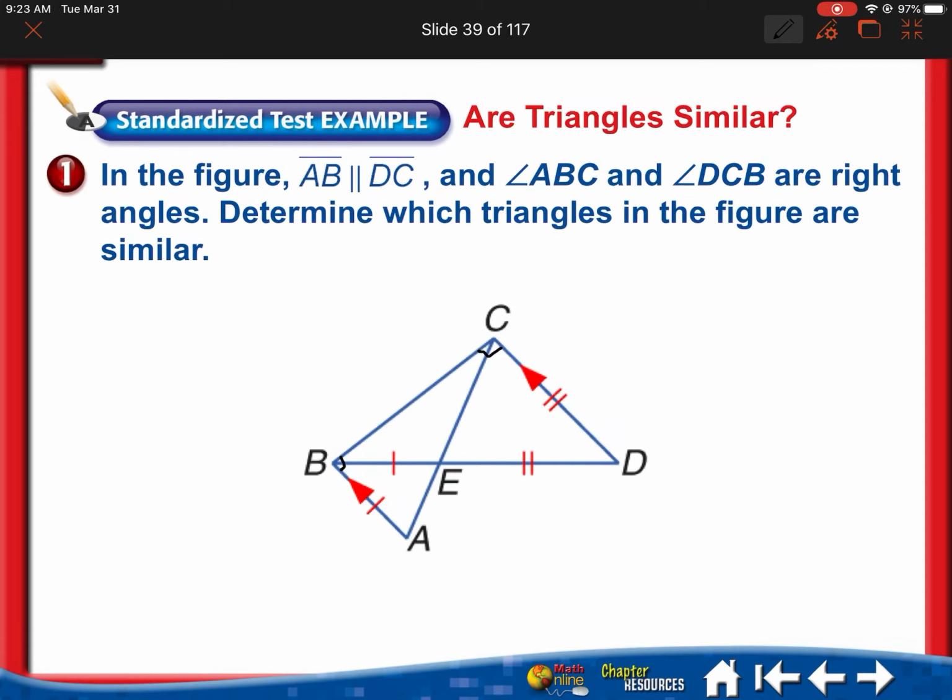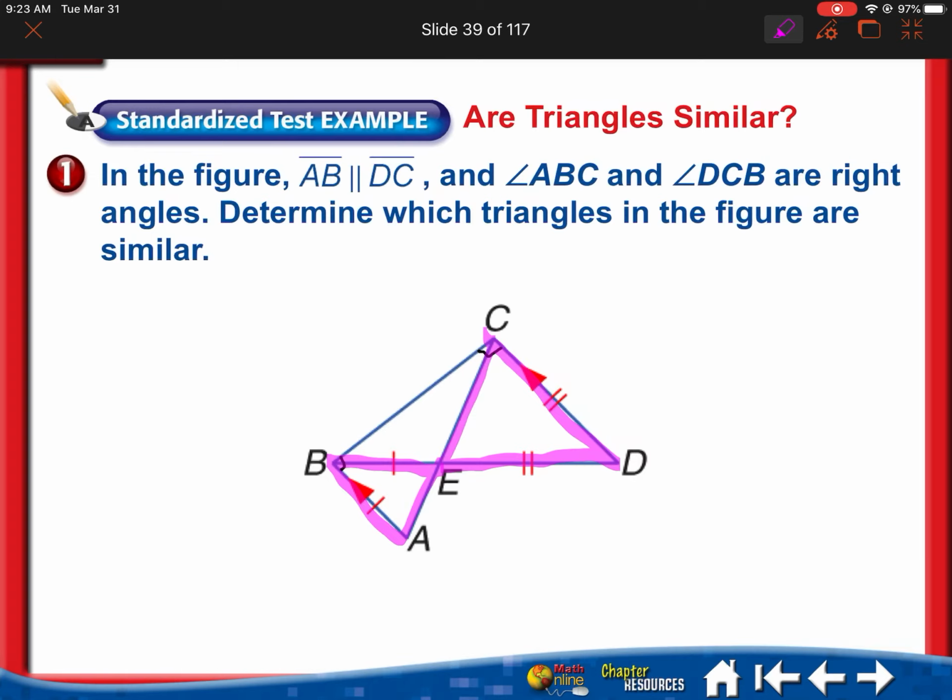The first thing we have is two isosceles triangles here. The two isosceles triangles are CED and EAB. Looking at those two, that makes me think that we could do something with that, but we do also have those two right triangles.